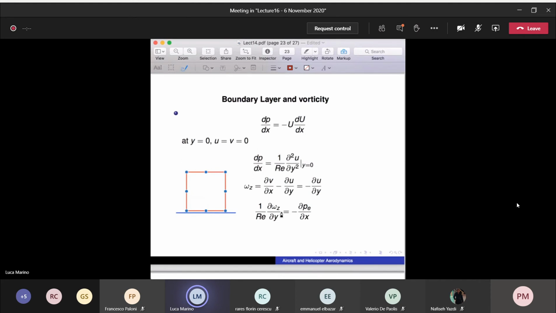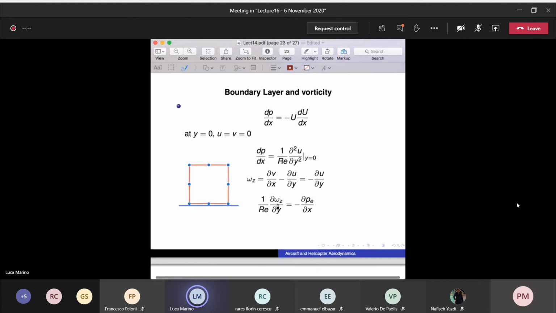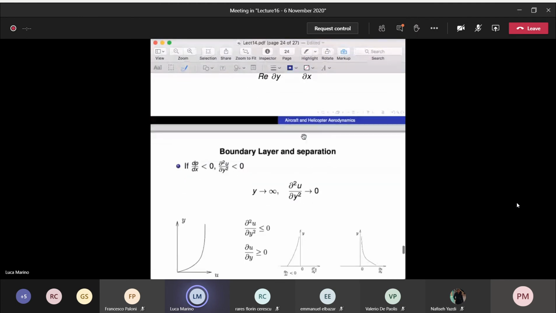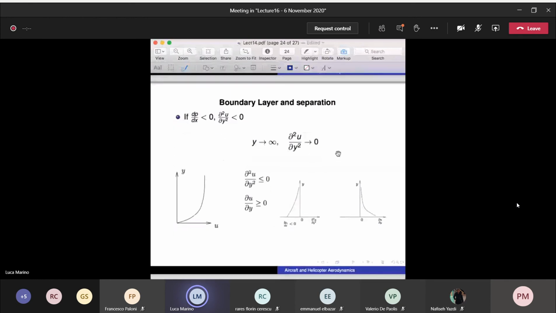In particular, the change of vorticity at the wall, the derivative of omega over y, is related to the pressure gradient. And I remind you that the pressure gradient is related to the external flow. In fact, these are the last 3 important slides.